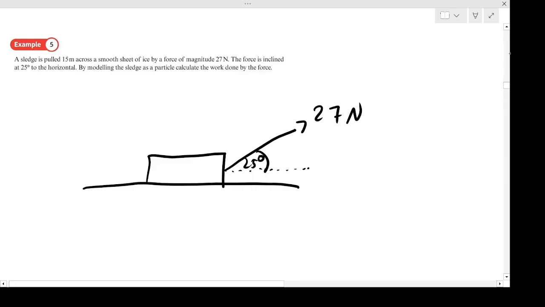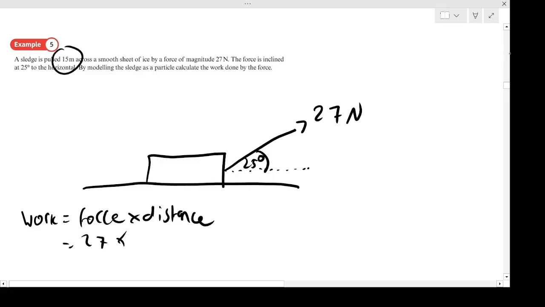Right, so what do we do here? It wants the work done, so we know that work is force times distance. You might think, well, the force is 27, so 27 times the distance, which we're told is 15 meters. Well, there we are. But that wouldn't be right. The force isn't just going to be 27 here.